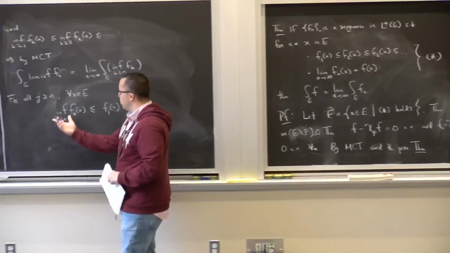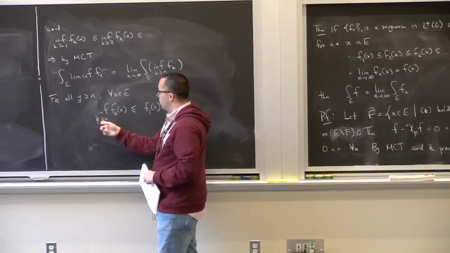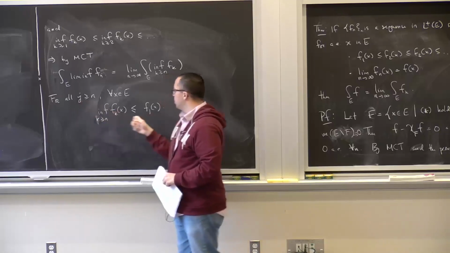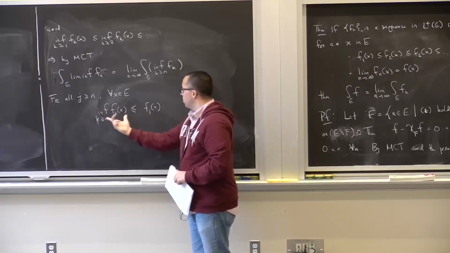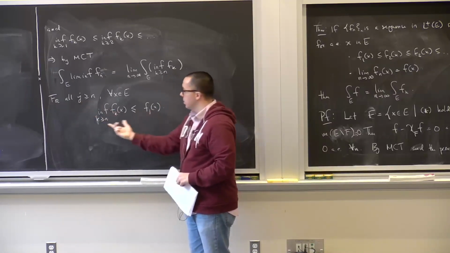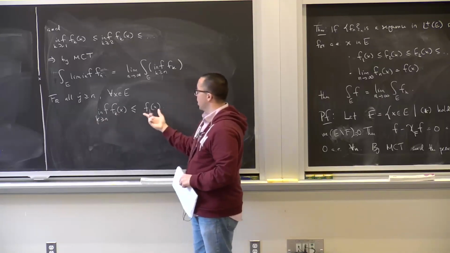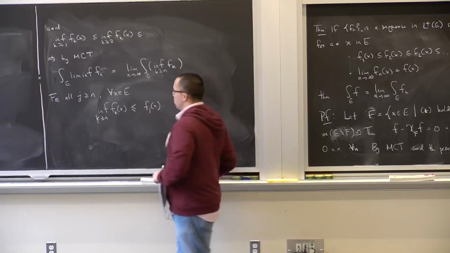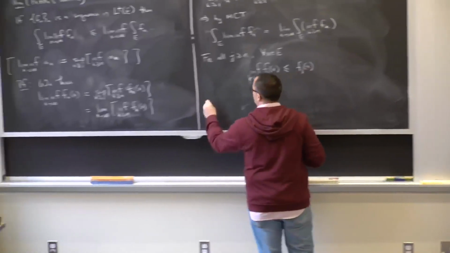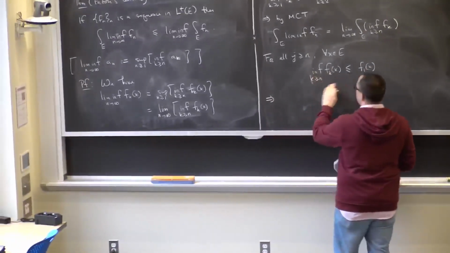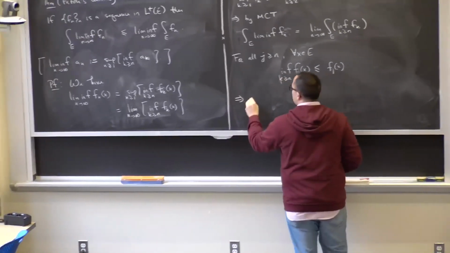This is the inf over all f_k of x for k bigger than or equal to n, and for any fixed j bigger than or equal to n, that's certainly less than or equal to f_j of x, because it is a lower bound for all of these for all j bigger than or equal to n.